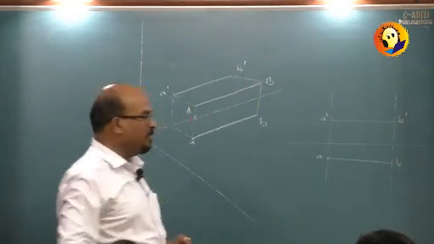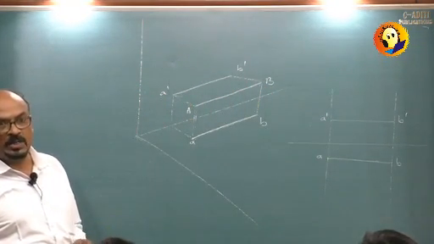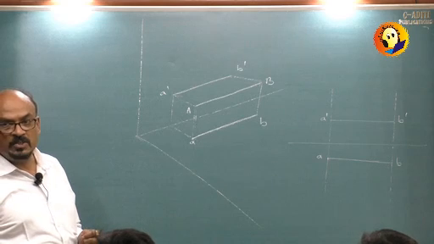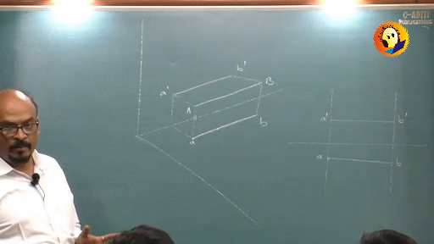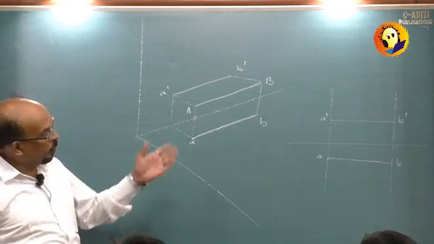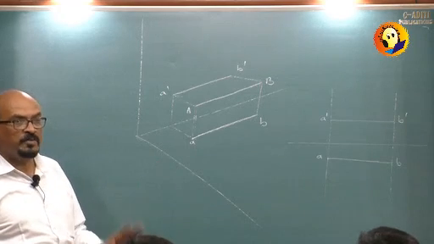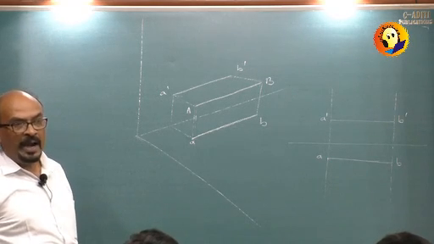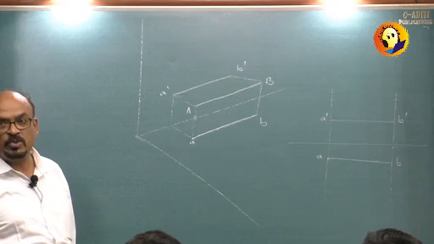Also remember that when one view of the line is parallel to XY, the other view will give us true length and true angle. Here both the views are parallel to XY, so both the views are giving us true length and true angle with the planes, which happens to be 0.